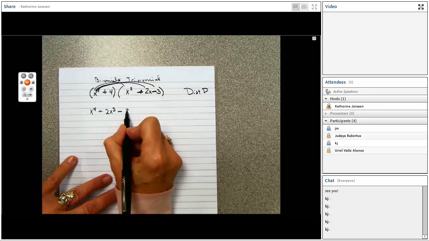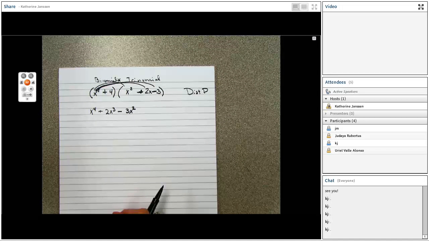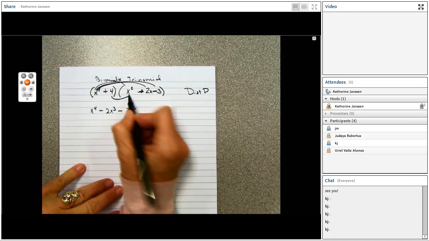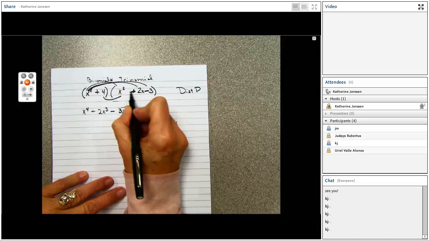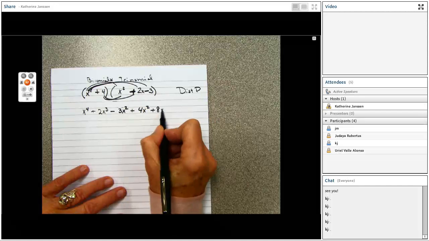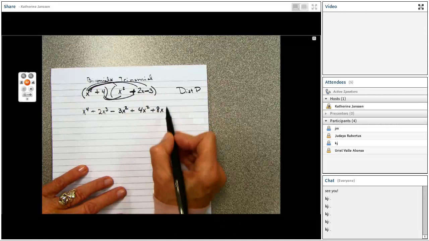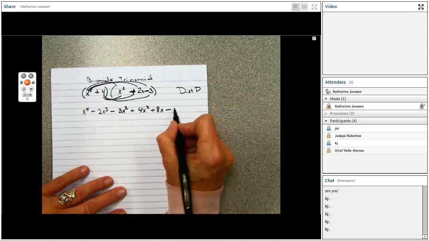That'd be 3x squared. Next term in the first polynomial is 4. I get 4x squared. Pick up your sign. Distribute 4 times 2x would be 8x. Pick up your sign and multiply 4 times 3, which is 12.